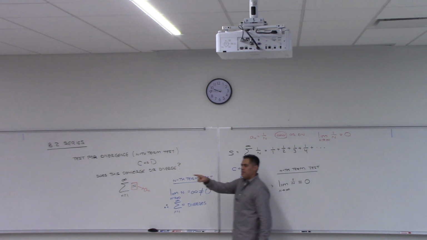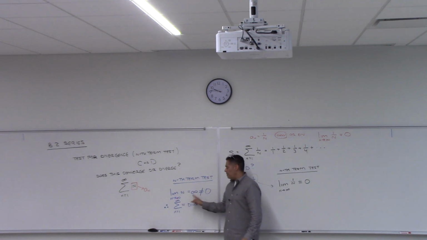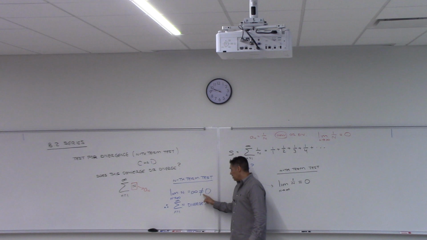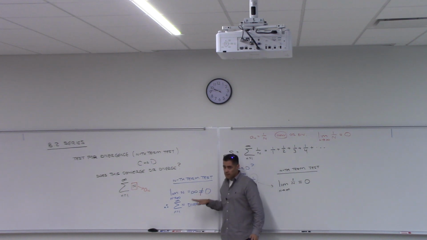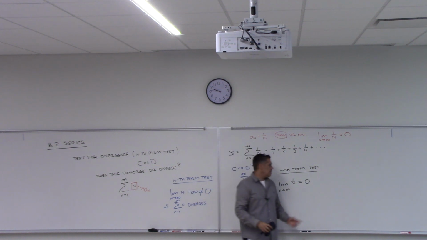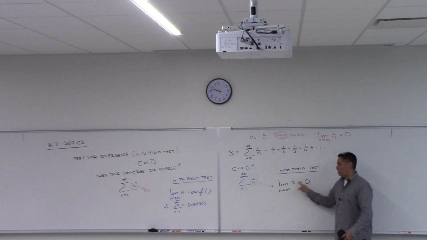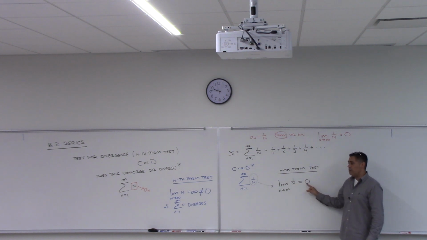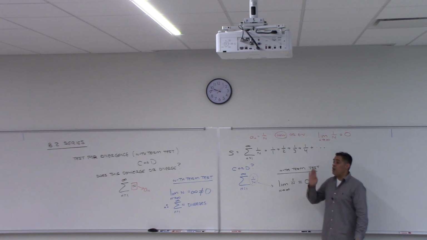The nth term test says that if this limit, what? Doesn't go to 0, it diverges. Well, what if it does go to 0? Because it does, right? It goes to 0. What then? It's inconclusive. The test for divergence only tells you if you have divergence.